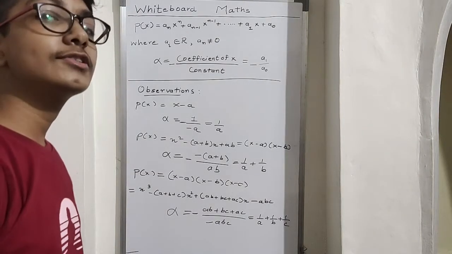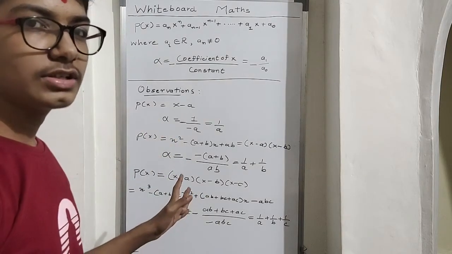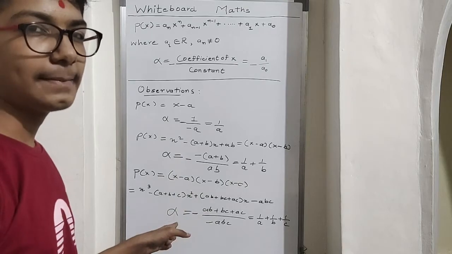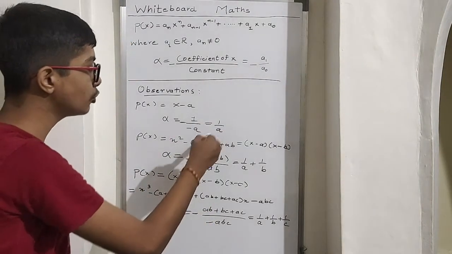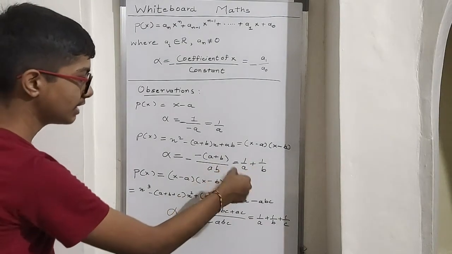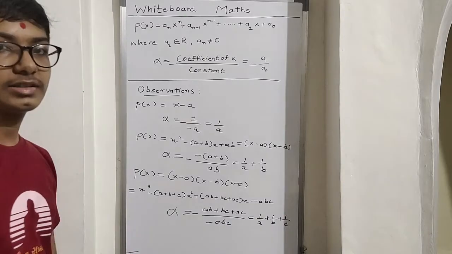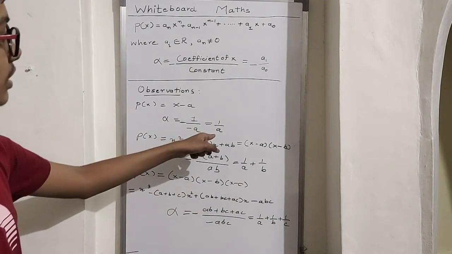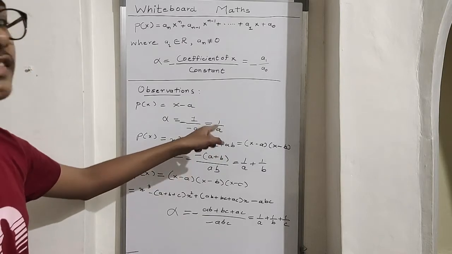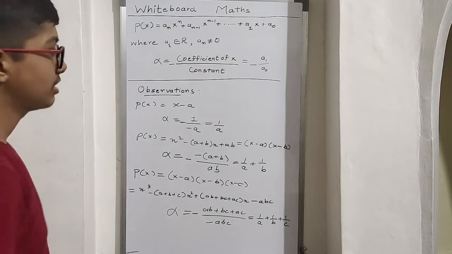So far, at first glance you will not easily get the pattern, but if you look, first we get 1 over a, then we get the reciprocal of a and b, and then the abc reciprocal. So 1 over a, and here what is a? a is the root of this polynomial.